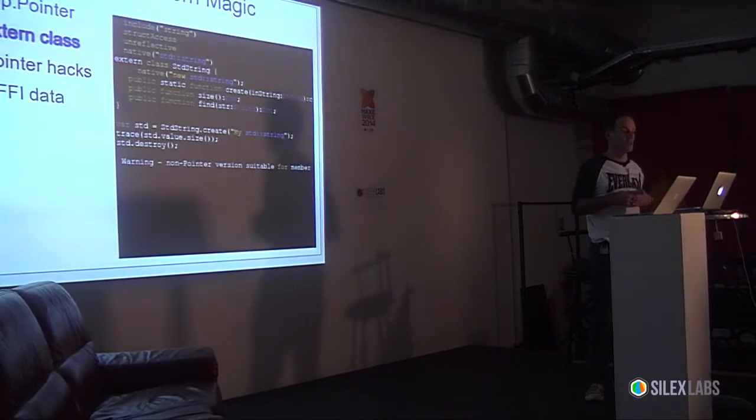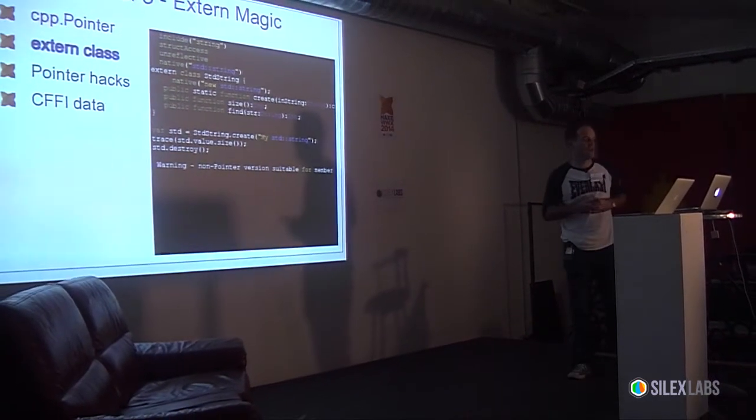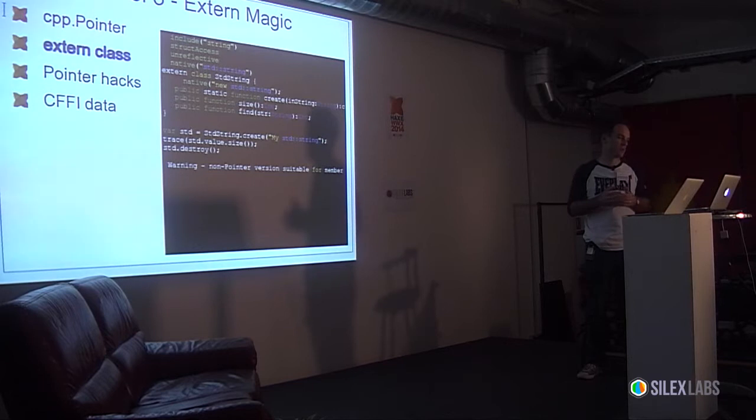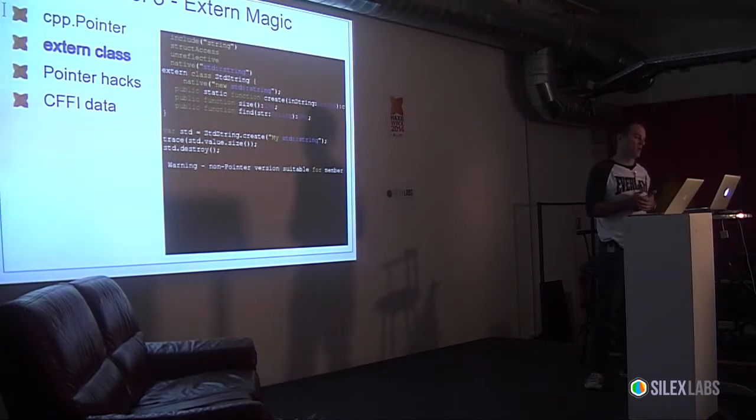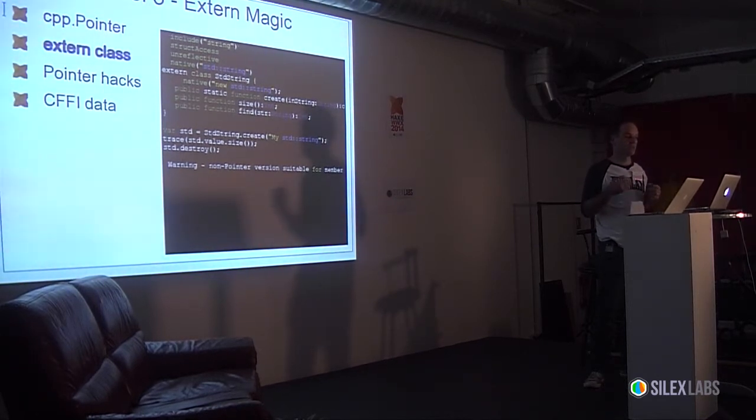Now, you can actually have a non-instance version, a non-pointer version of the std string on the stack. So you can create a variable var x of std string, and that'll insert a non-pointer version of std string, and that'll still work.